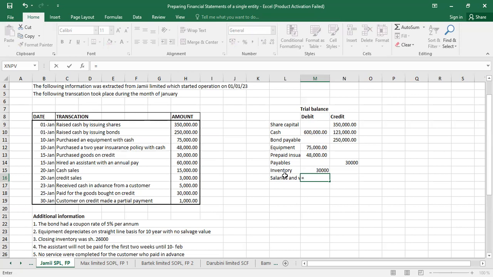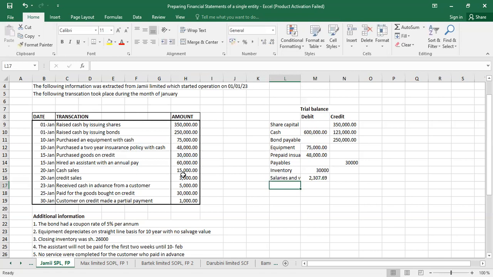So if we debit our salary, it will be the amount, isn't it? You multiply by 2 weeks over 52 because it was annually. So a year has 52 weeks. But you will not be paid for the first 2 weeks. Don't worry why I'm inputting that one.